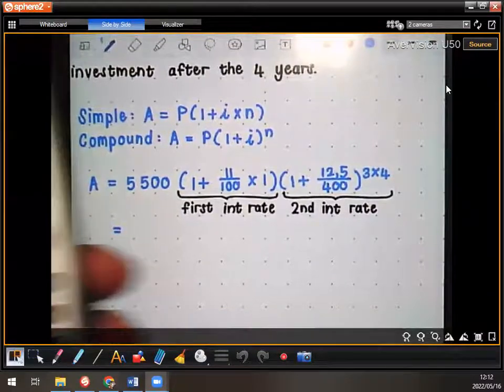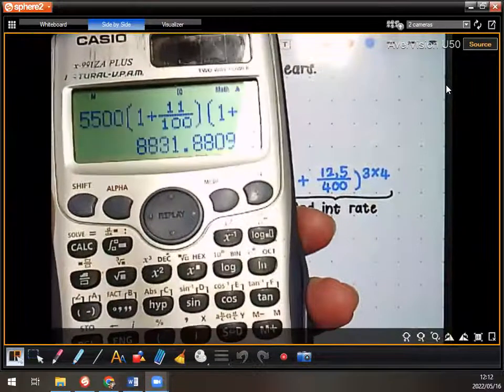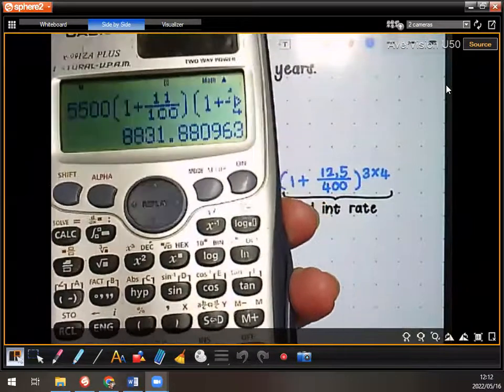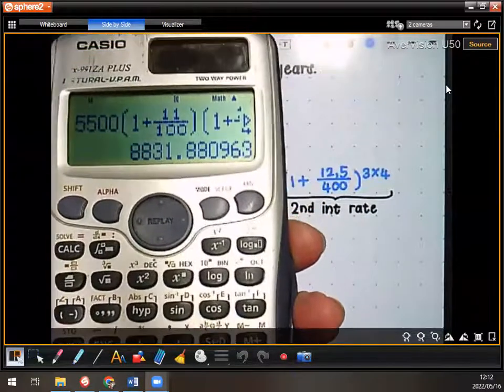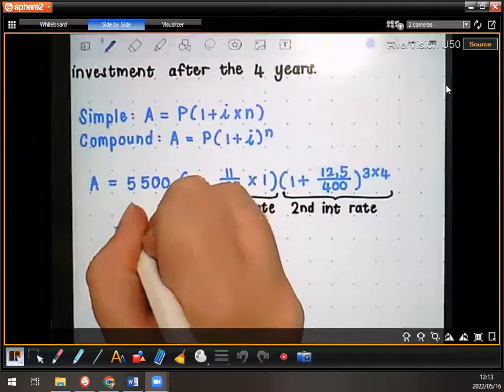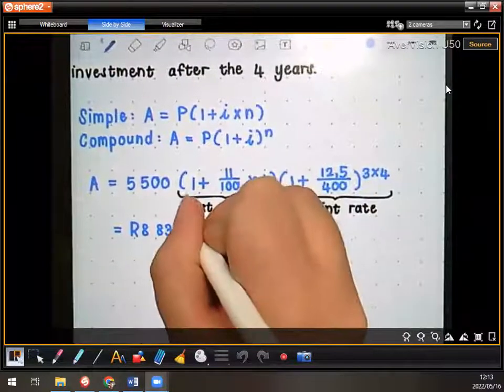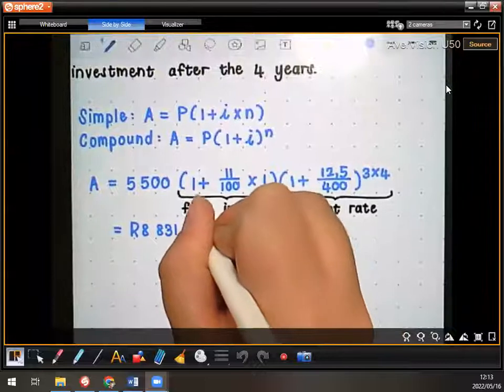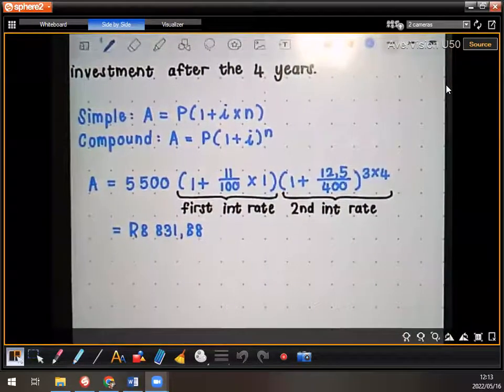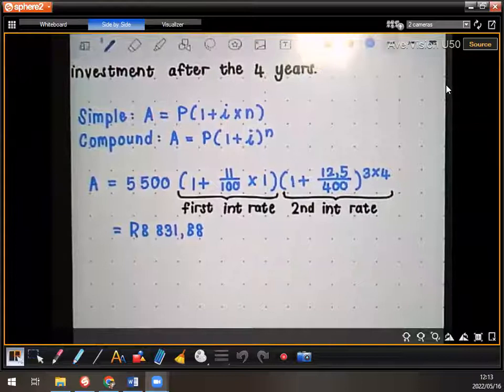Okay, so I've typed everything in now, and I'm pressing equals, and I'm getting R8,831 and 88 cents. Yes. Shouldn't you be adding the two?